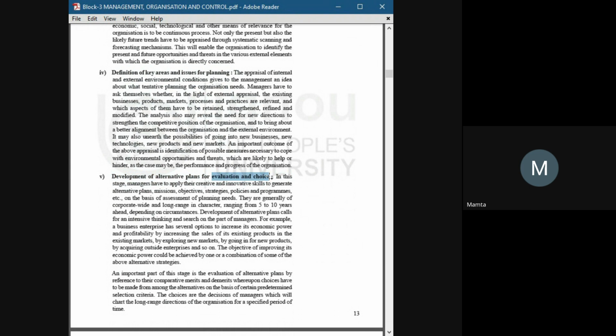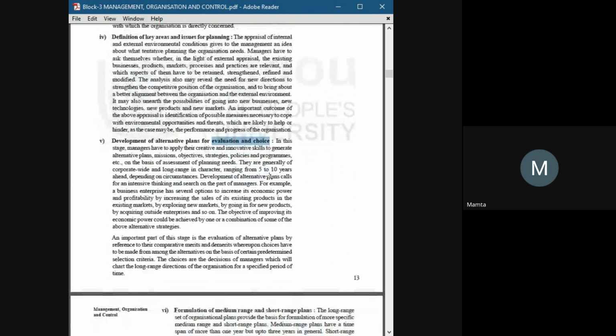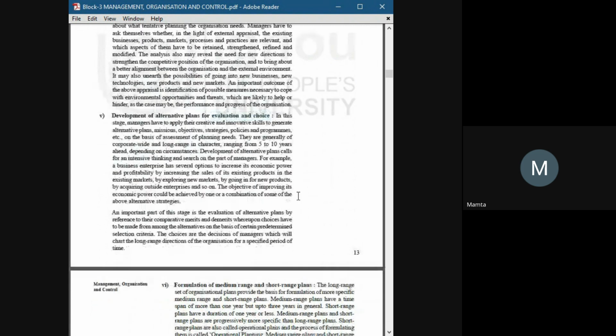They are generally corporate-wide or long-range in character, ranging from 5 to 10 years ahead depending on the circumstances. Development of alternative plans calls for intensive thinking and search on the part of the manager. So we will create an alternative plan for the evaluation and the choices here.